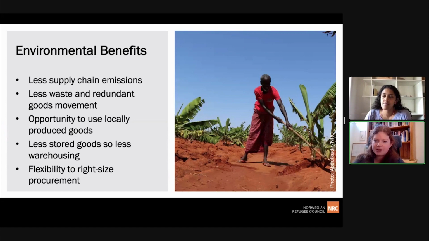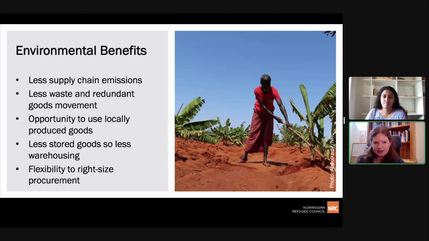Even to the point that because we're using local suppliers for some larger goods, I can name many examples where we have asked the suppliers to hold on to large goods until they're ready to be delivered to site. And that again cuts down that supply chain and the emissions from it.